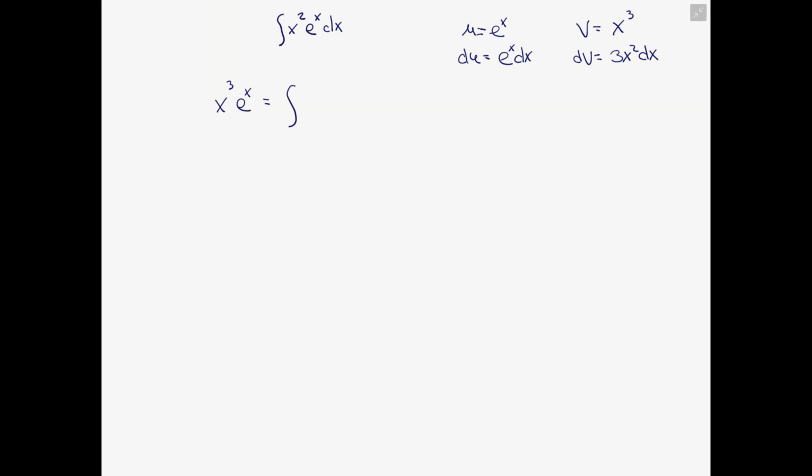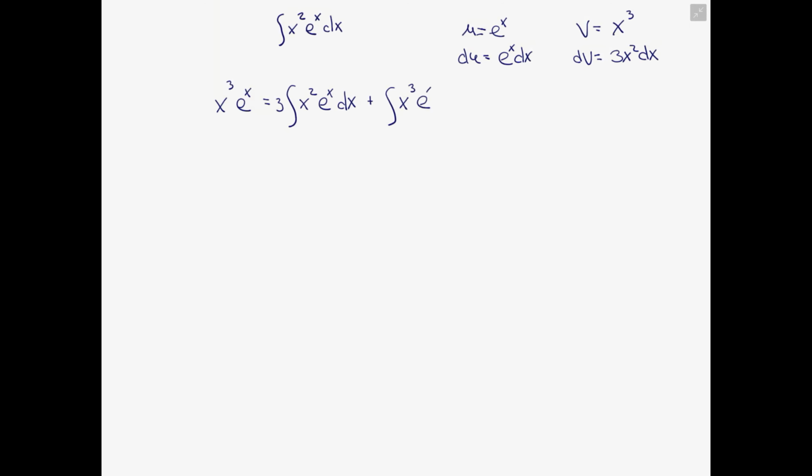So we have x cubed e to the x equals the integral of u dv, so we got 3x squared e to the x dx. That's what we want.